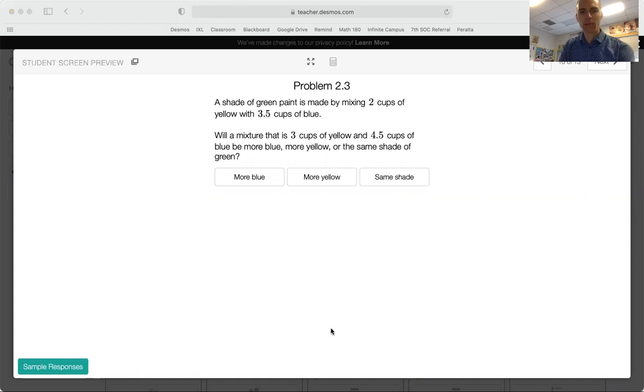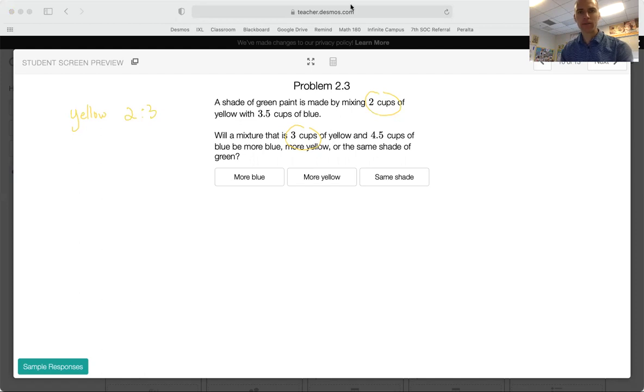I'm going to compare yellow to yellow and blue to blue to see how they're changing. So yellow is going from 2 to 3. I see here it says the original has 2 cups of yellow, but the new mixture has 3 cups of yellow. So I'm looking at old versus new here.